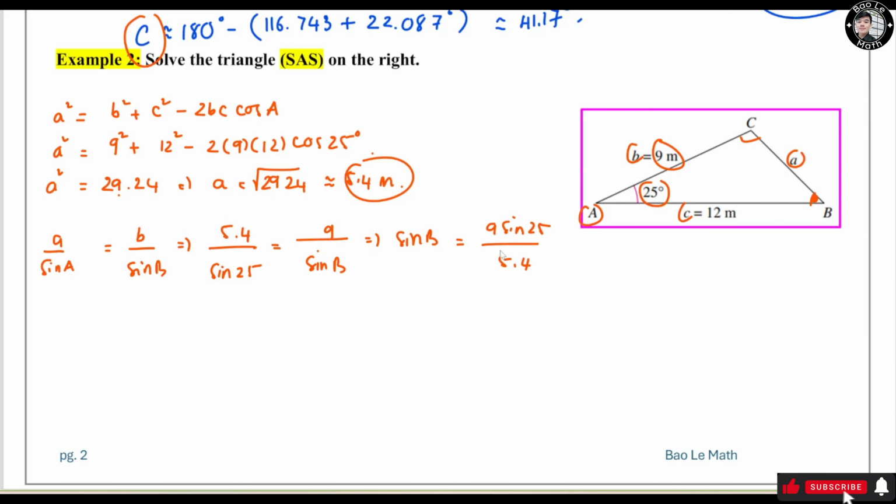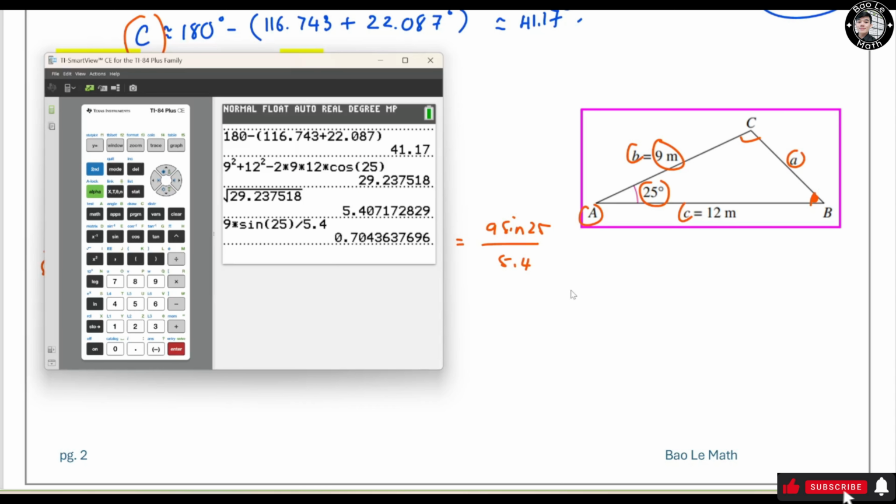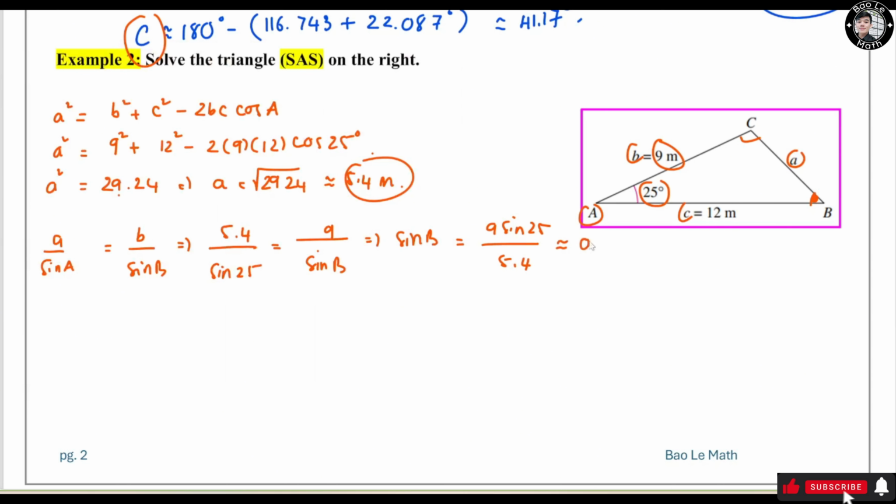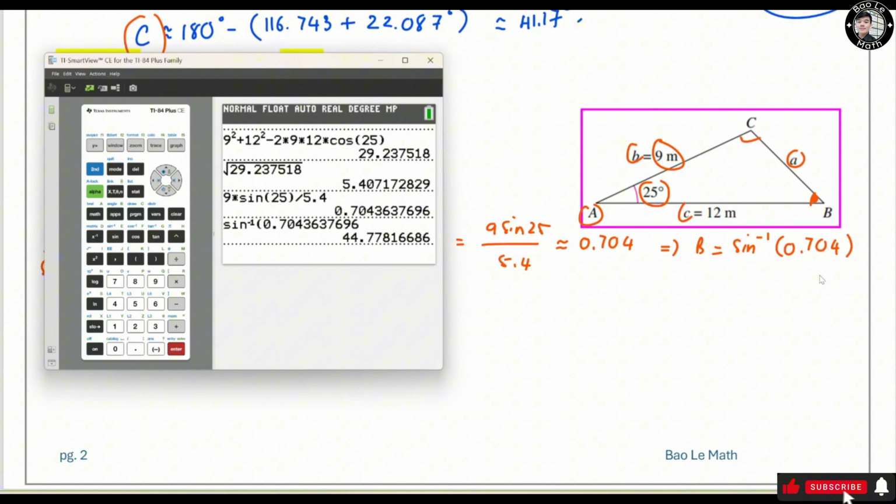Now you're going to bring up the calculator. The answer is approximately 0.704. So you need to solve for angle B. You're going to take the inverse sine of both sides, so it could be 44.78.